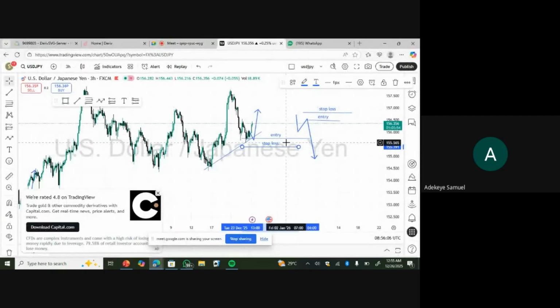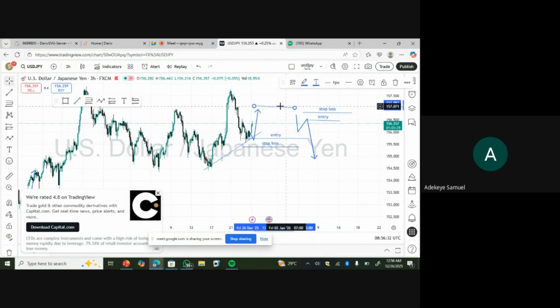All right. This is USD JPY, right? Now, you set your stop loss already, right? And you take profits. For a buy trade, your take profit will always be above your what? Your entry point.